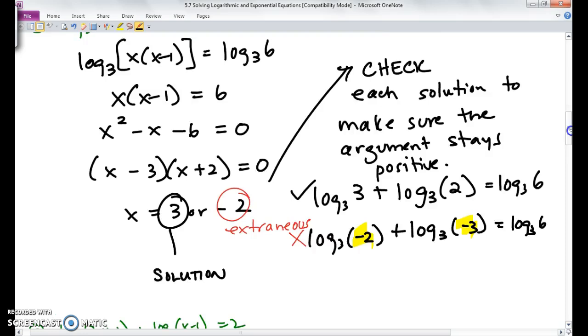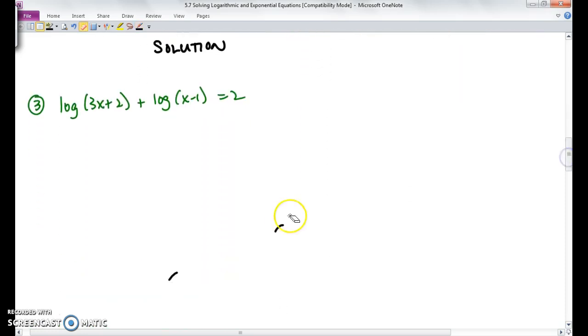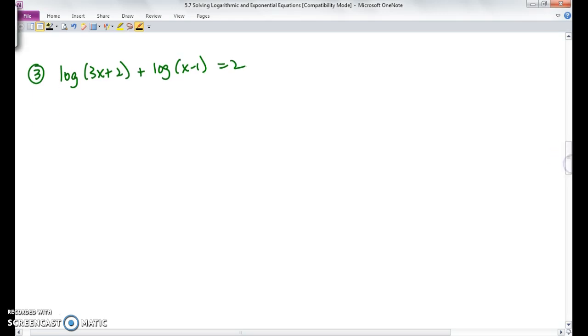All right, so let's try another example here. We have log of 3x plus 2 plus log of x minus 1 equals 2. What will we do here?